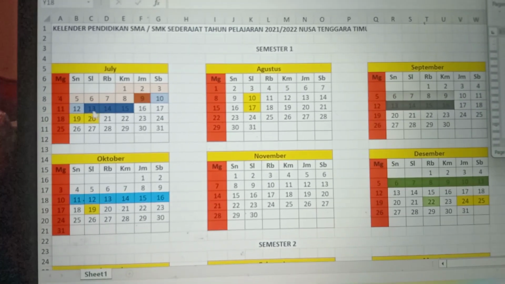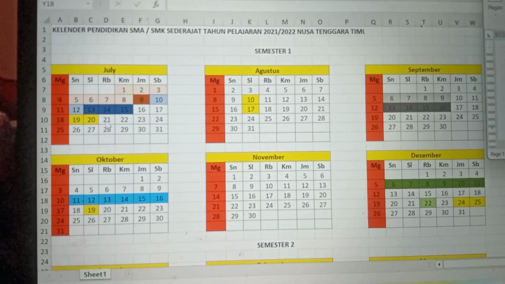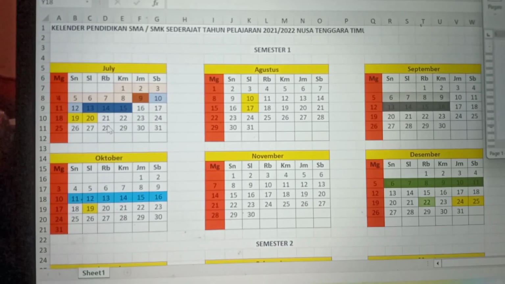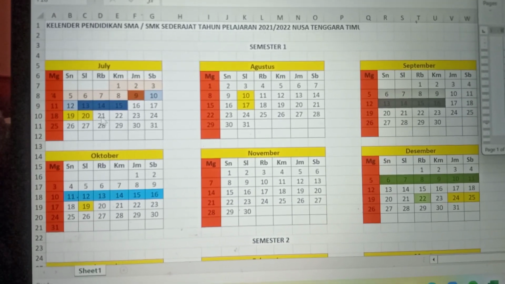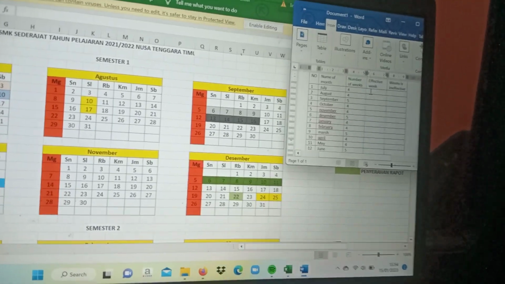So we start from the second week, 1, 2. So in July, the effective weeks is 2. Let's write here 2.